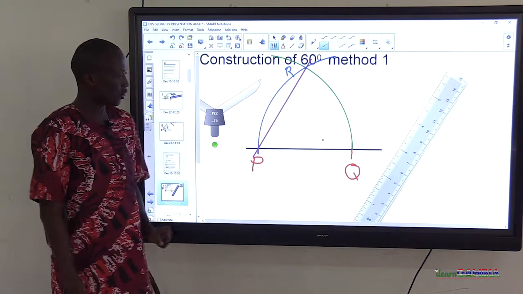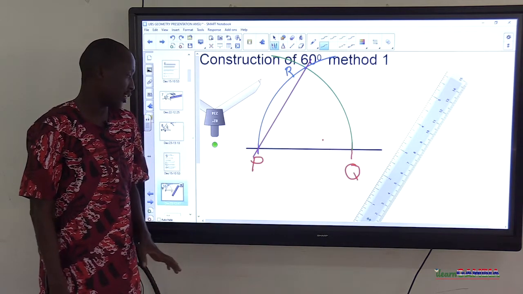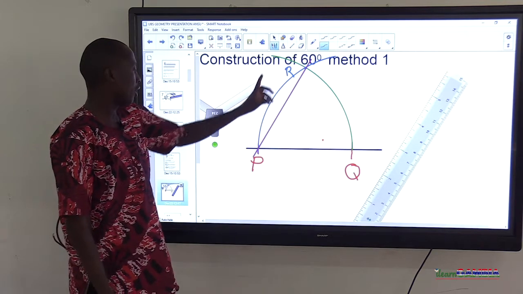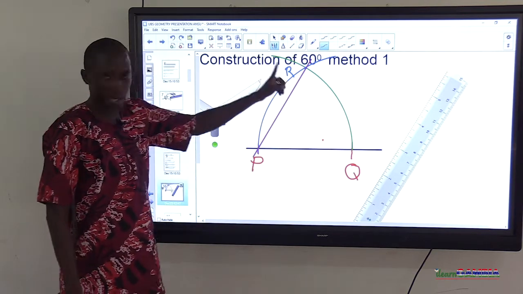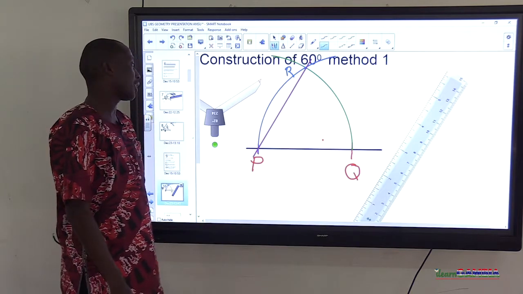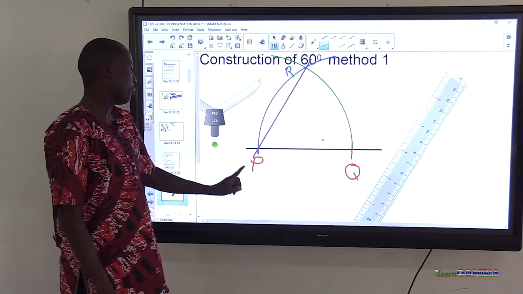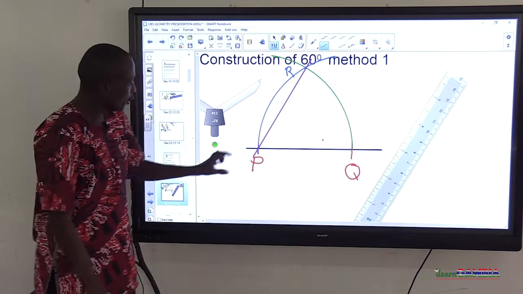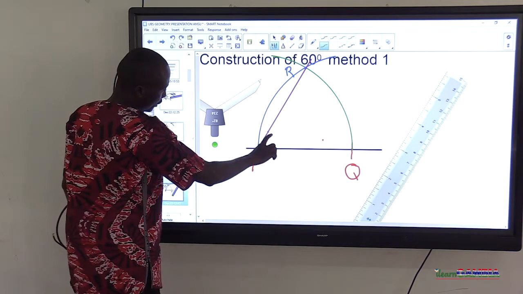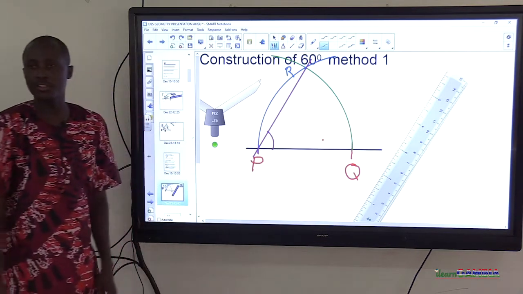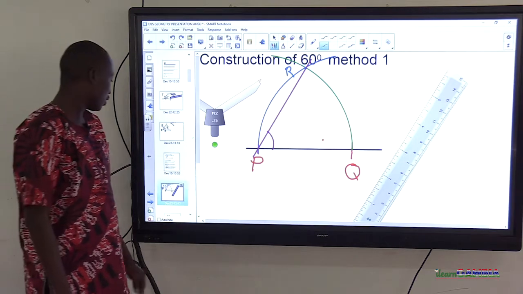The angle we have just constructed is 60 degrees, and it is angle QPR. We can also call it angle RPQ. So the middle angle, the angle that is here, that angle is 60 degrees. We have done that construction.